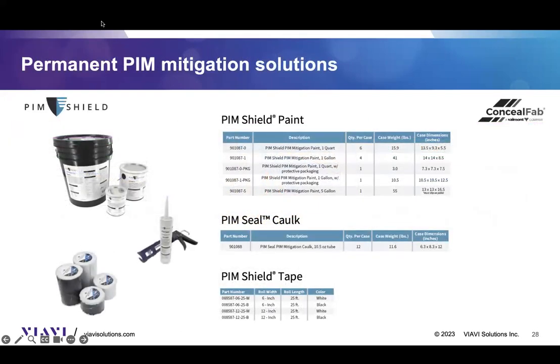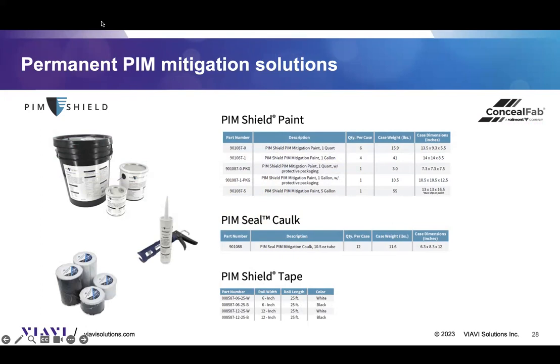All right, so to this point, we've been talking about the temporary solutions that ConcealFab provides to be used during the test and measurement process. Well, what is a permanent way of fixing it? I have a couple of products here from ConcealFab that I want to talk about.